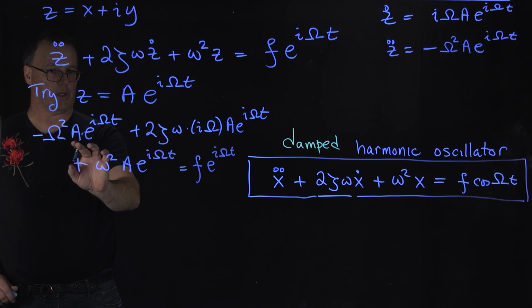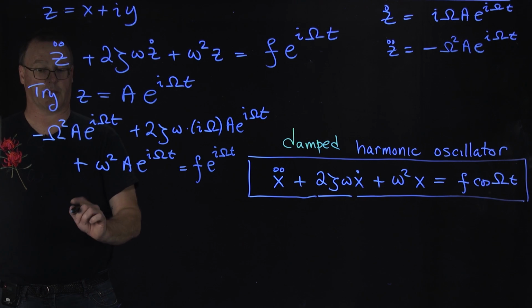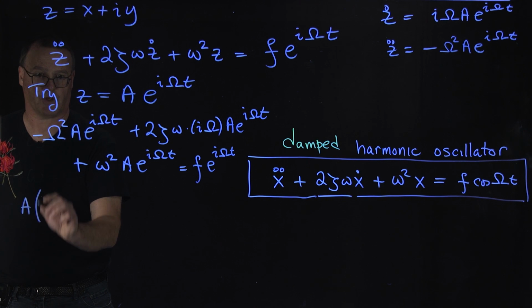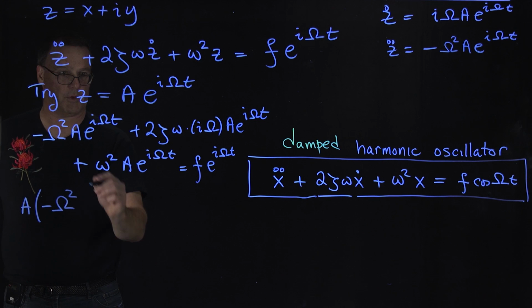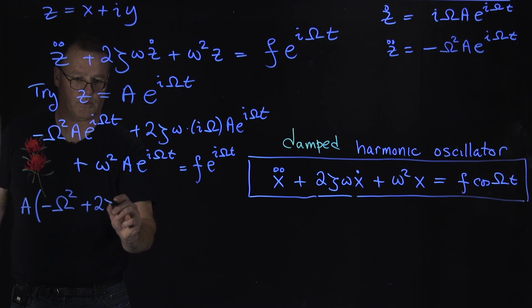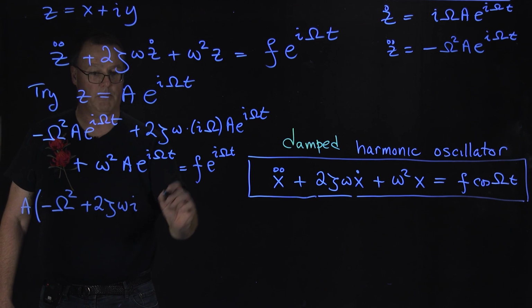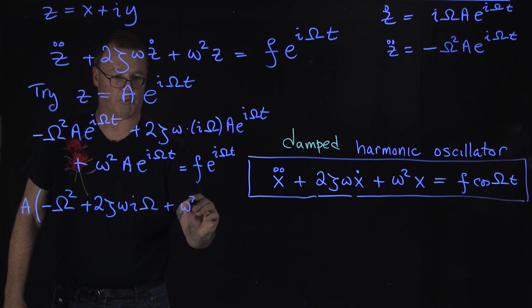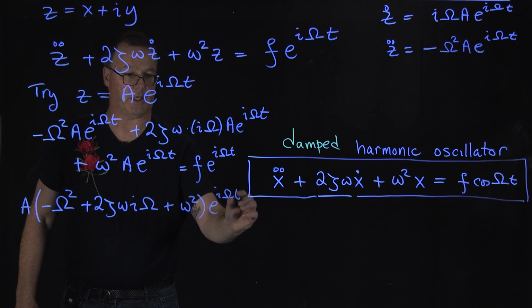If I factor out the A and the e to the i omega t, we get A times, minus omega squared from this first term, plus 2 zeta omega i from this term, big omega, plus little omega squared, times e to the i omega t.